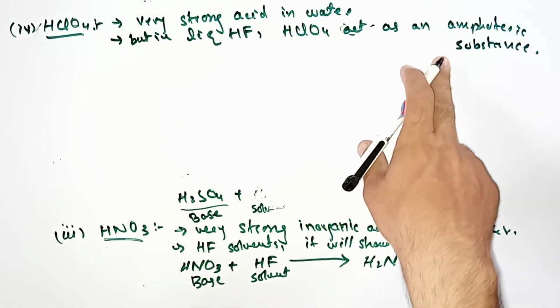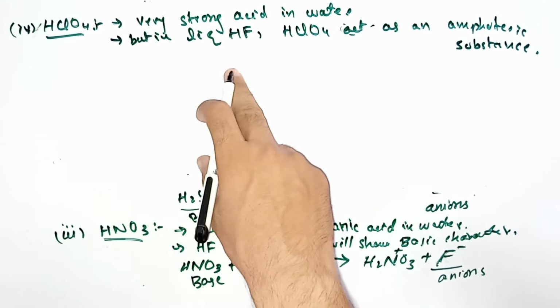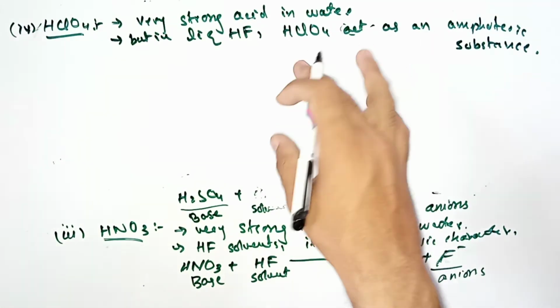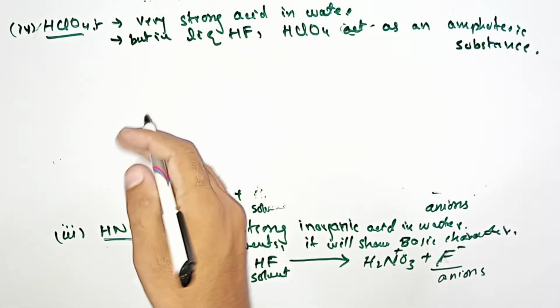Why will it act as an amphoteric substance? Because in liquid HF it produces both the ions of this solvent, that is, the anion and the cation that were produced by the auto-ionization. It will produce both these ions.